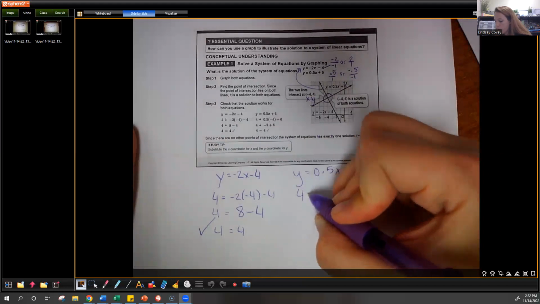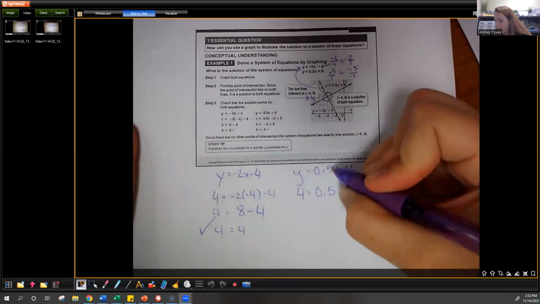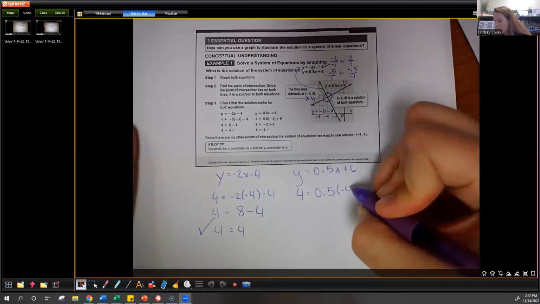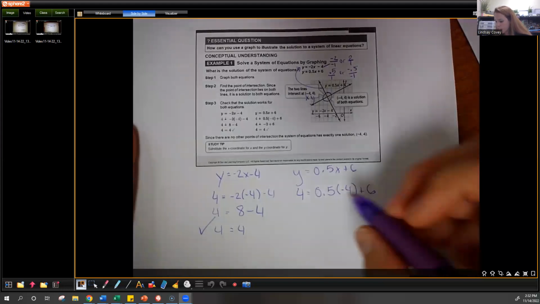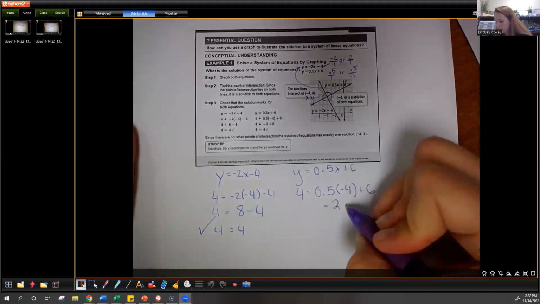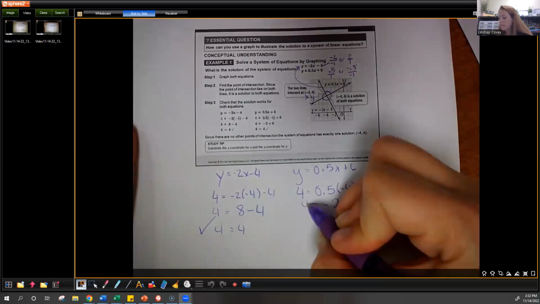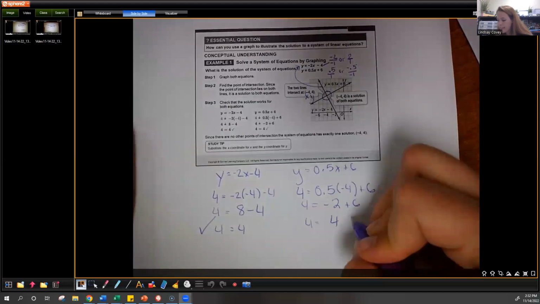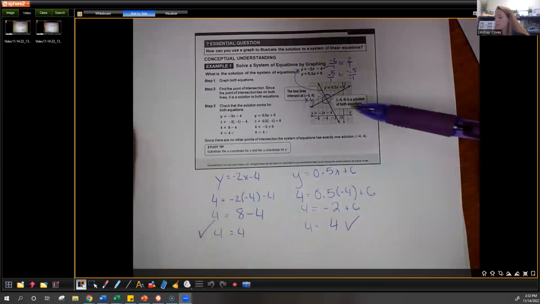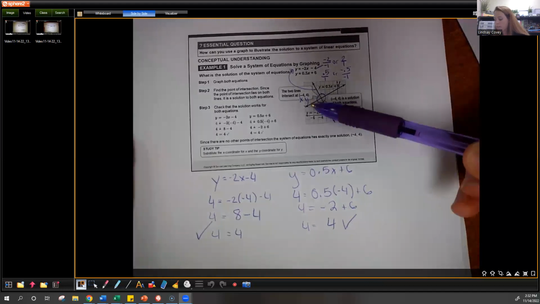I've got 4 equals 5/10 times negative 4 plus 6. When I solve this, this equals negative 2 plus 6. Negative 2 plus 6 is 4. Does 4 equal 4? Yes.